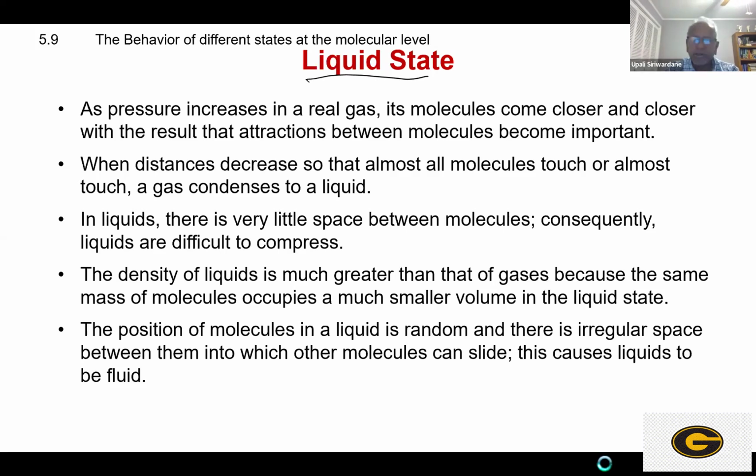The position of molecules in a liquid is random. They can roll over and slide over each other. Therefore, liquid becomes fluid. They can flow. Therefore, they can show resistance to flow, viscosity. They could have different properties depending on the intermolecular forces. The higher the attraction, the less flow it shows, a viscous liquid.